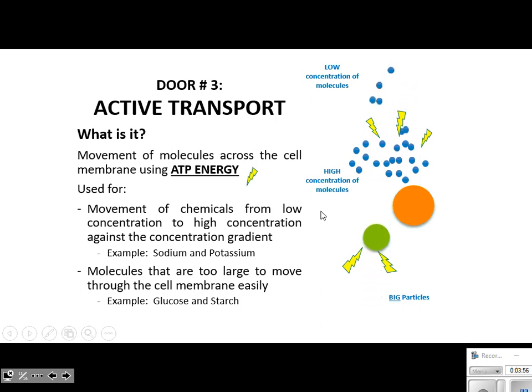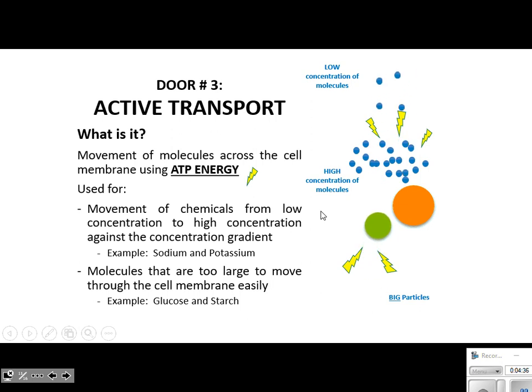If it were me, I would be writing something like the movement of molecules from a low concentration to a high concentration, but we need to have energy present. We have to have energy to move it against that gradient from low to high. We know it needs energy, and we know it goes against the gradient.